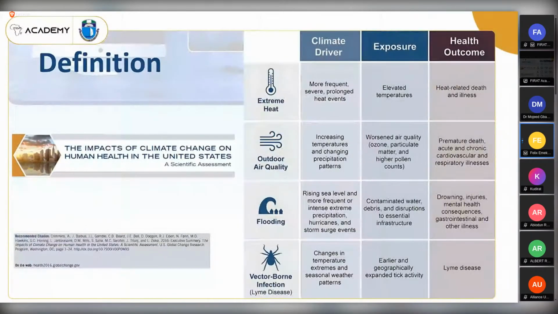The same thing with contaminated water as a form of exposure, which will lead to outcomes such as drowning, injuries, mental health consequences, and even gastrointestinal illness, sometimes diarrhea, cholera and so forth. Then the final one here, earlier and geographically expanded tick activity, which will lead to Lyme disease.